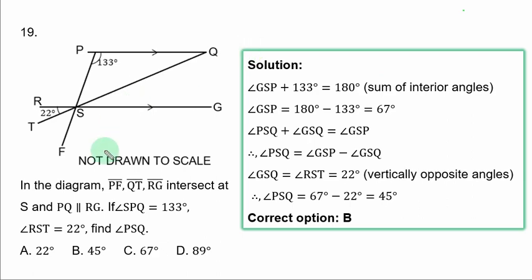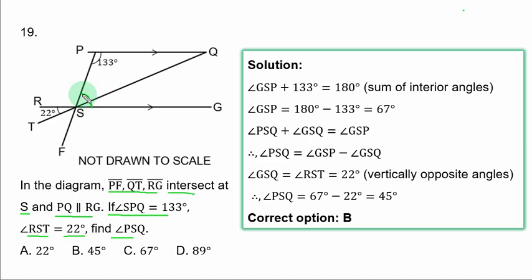Question 19. In the diagram, PR, QT, ROG intersect, that is meet at S. PQ is parallel to ROG. If angle SPQ is 133 degrees, angle ROST is 22 degrees, find angle PSQ. First, because PQ and ROG are parallel, 133 plus this angle here is equal to 180.